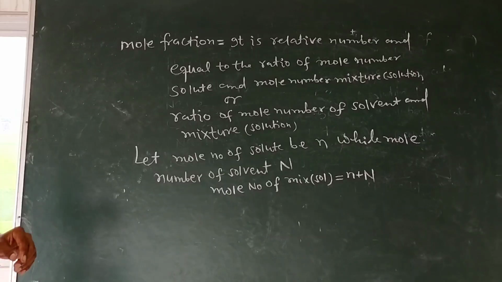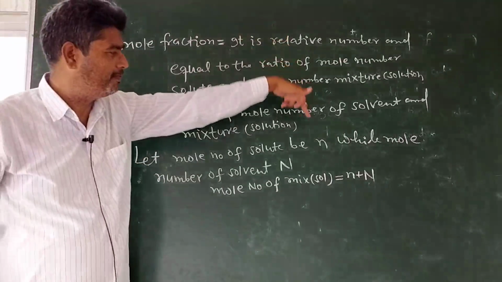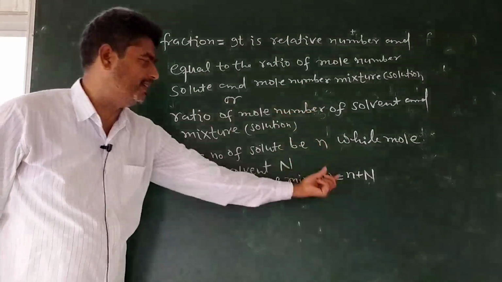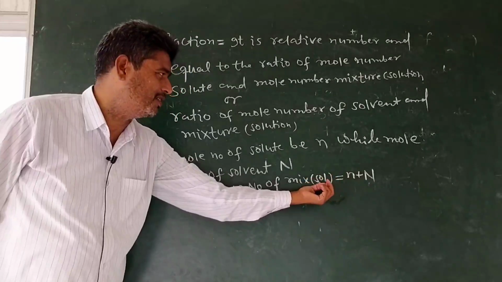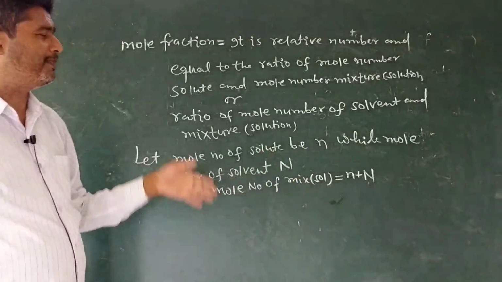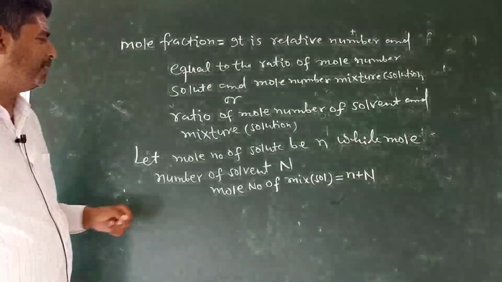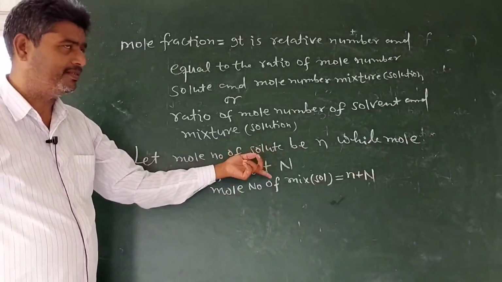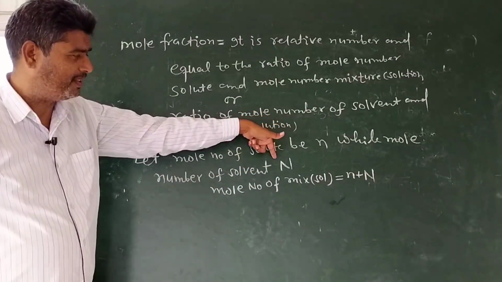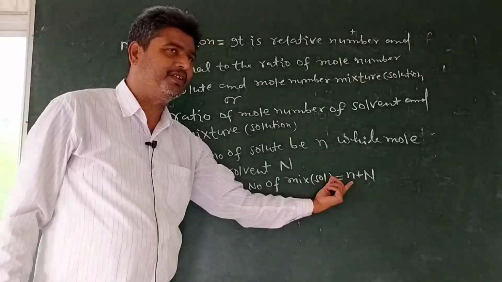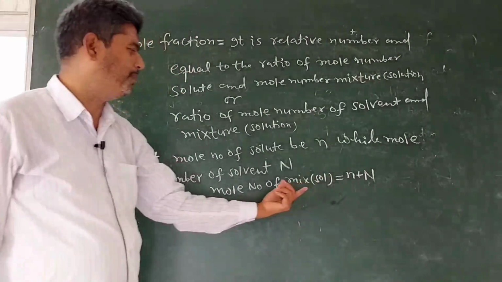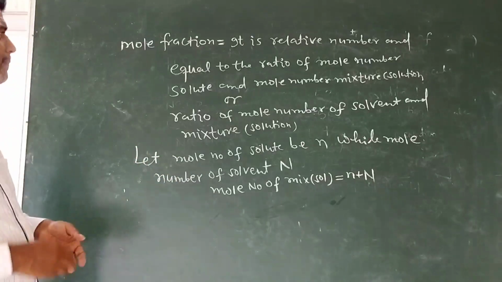When mole number of solute, that is small n, is divided by this mole number of mixture or solution, then mole fraction of solute is obtained. When mole number of solvent, that is capital N, is divided by mole number of solution n plus N, then mole fraction of solvent is obtained.